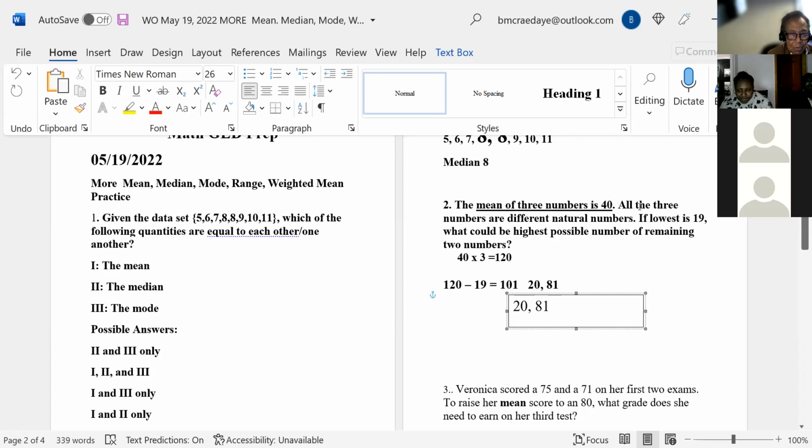But you have 3 numbers, your lowest is 19, so you can subtract that 19 from your total, and you have 101 left. Those are the 2 numbers left, so what could be the highest possible number of the remaining? One higher than the 19 is 20, and subtract that from 101, that's 81. Is that clear, Mercedes? Yes, miss.